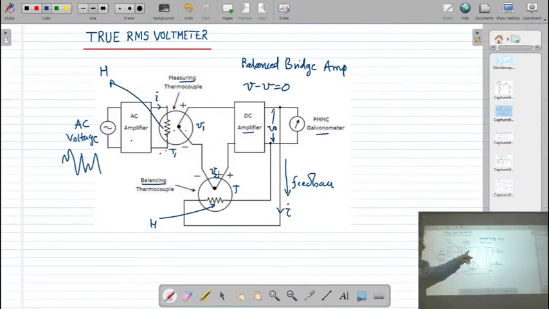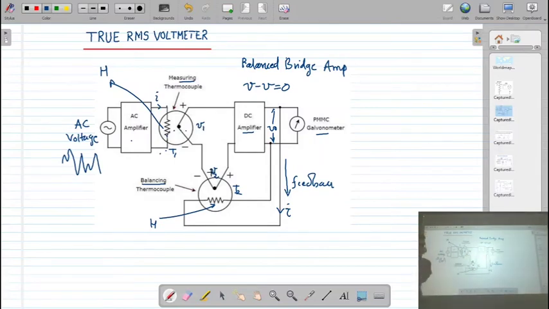So the difference between V1 and V2 is going to decrease. Again, according to this difference, an output voltage will be there, it will pass a current, and then again there will be power dissipation. This process will continue till both temperatures are the same, or both EMFs are the same.